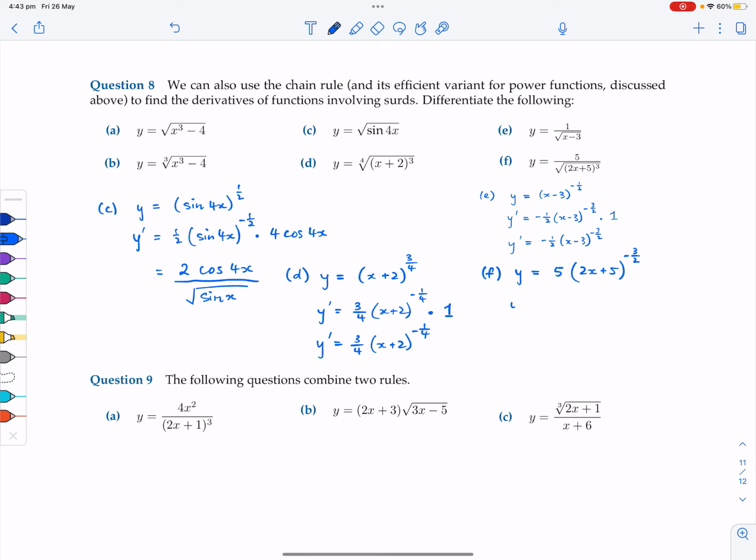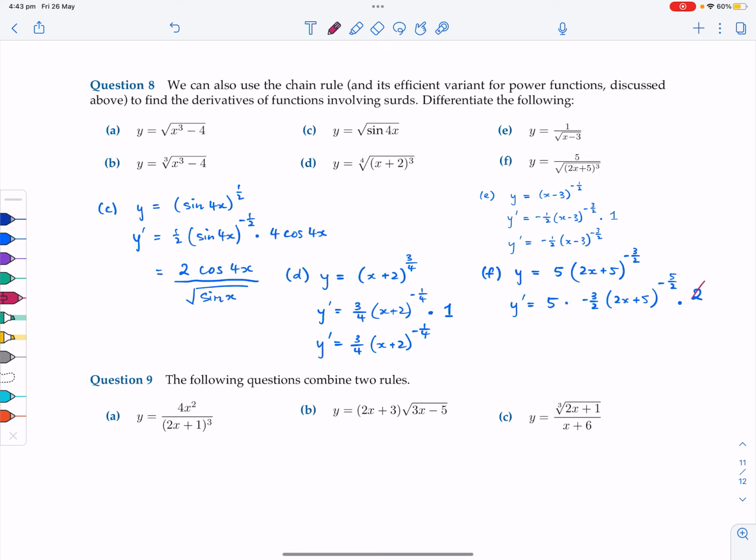All right, y dash is 5 times negative 3 over 2, outside 2x plus 5, take 1 from the index, that's negative 5 over 2, multiply by the derivative of the inside, and that's 2, right?